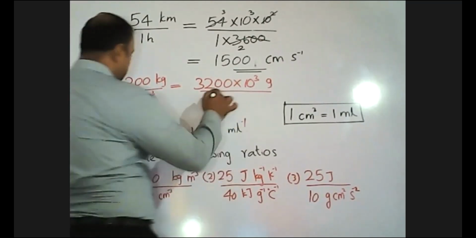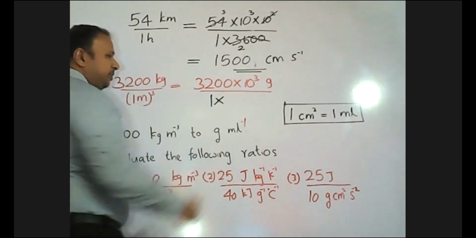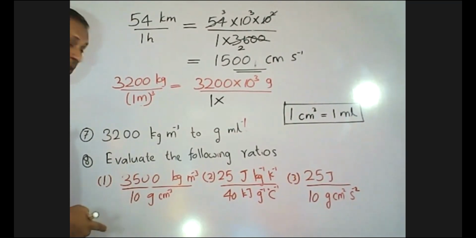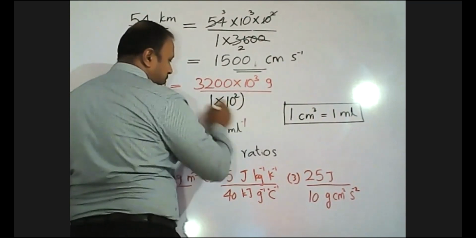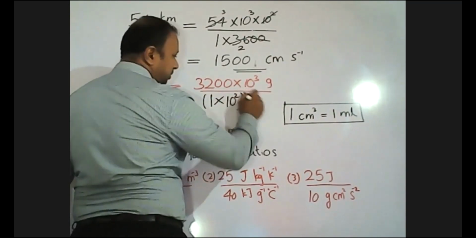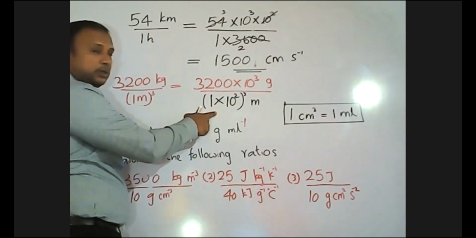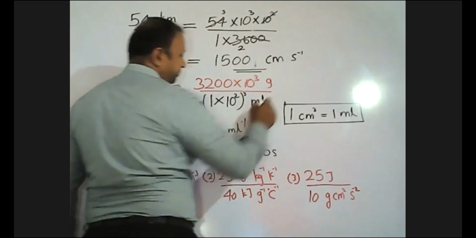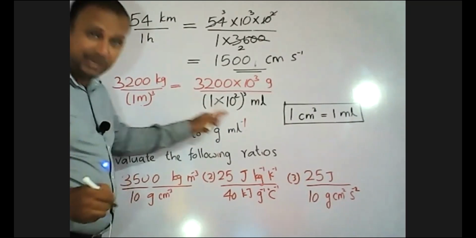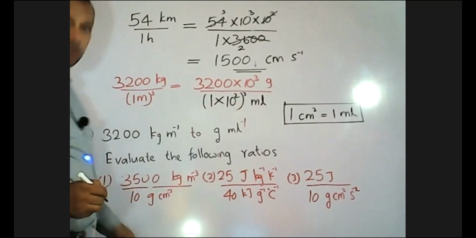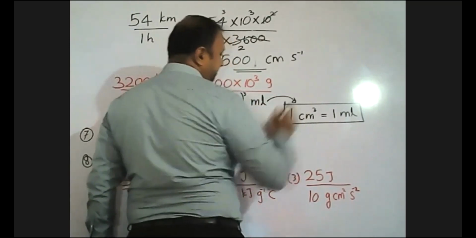So I have to multiply meter into centimeter, large scale into small scale, by 10 to the power 2 and take the cube, and it becomes cubic centimeter. Cubic centimeter is equal to milliliter.